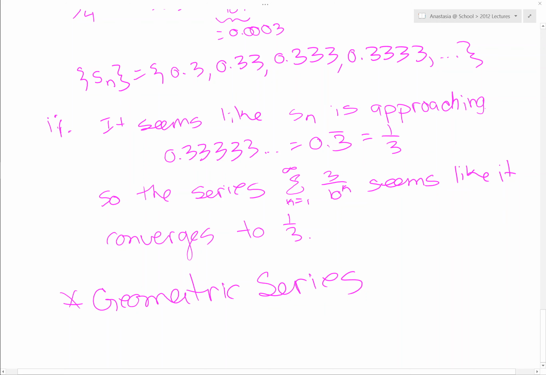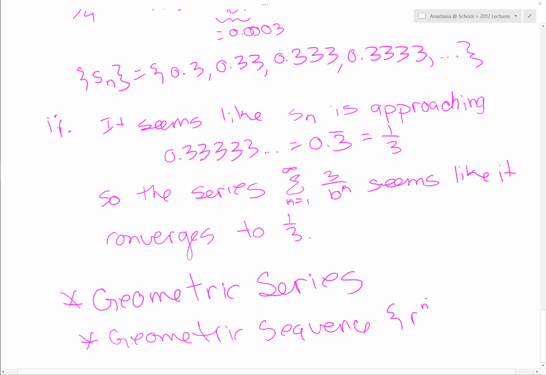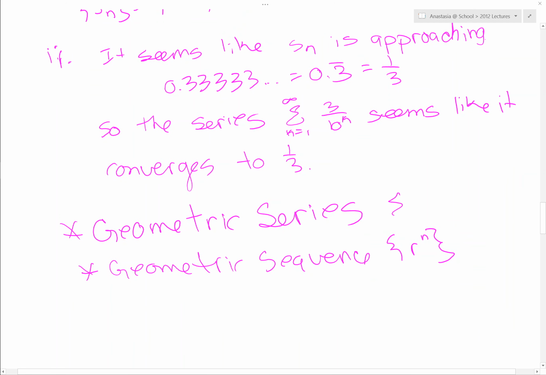If you remember from the previous section on sequences, we had a geometric sequence which looked like r to the n. So now you could imagine a geometric series having r to the n in the terms.